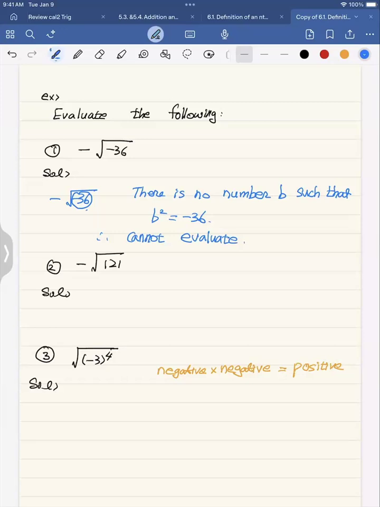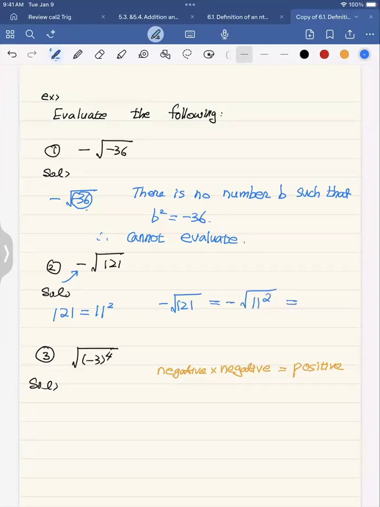But in number 2, when we evaluate negative square root of 121, the negative is written outside. And what we know is 121 is 11 squared. And minus square root of 121 is minus square root of 11 squared.